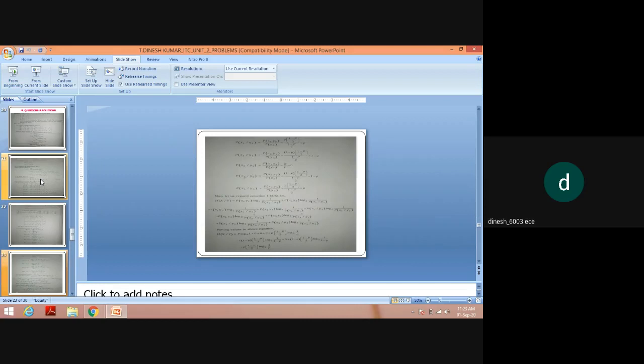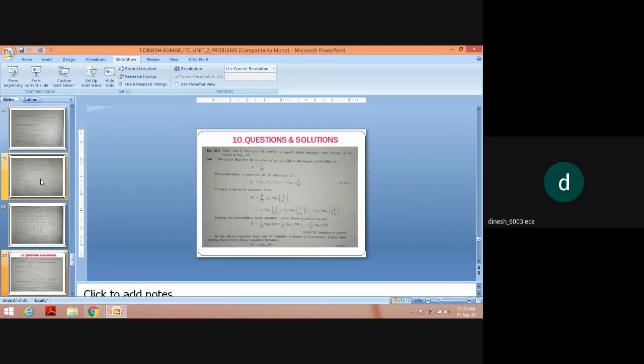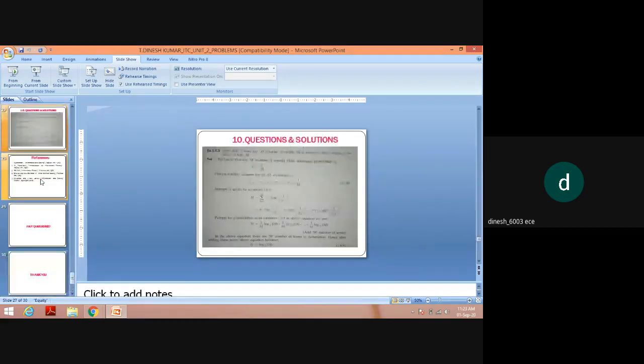We'll solve that. Then we'll solve a simple problem on determining the equal probability of messages. So with that, we will complete the problem sections in unit 2.